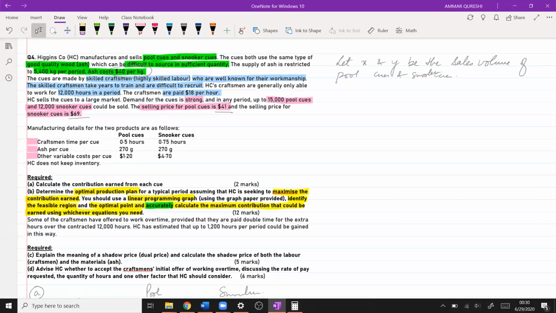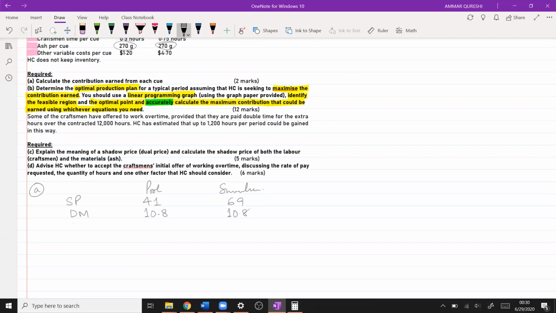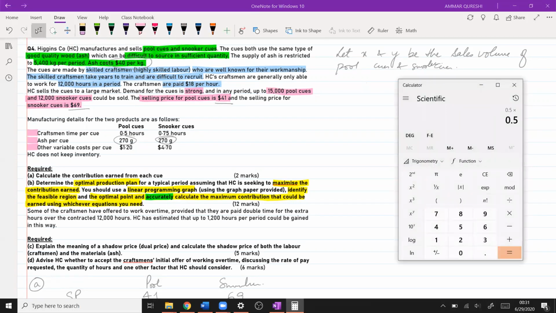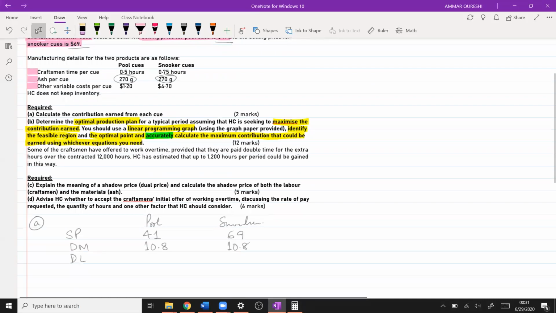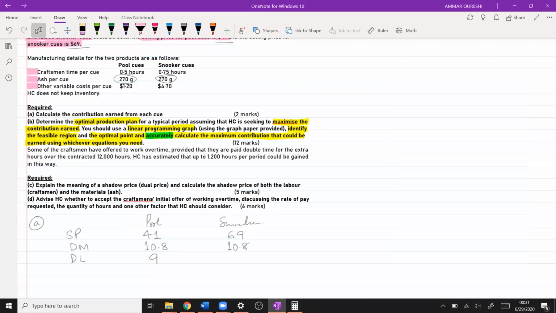Both products require the same input, so it is $10.8 for direct material for snooker cues as well. Direct labor hours are 0.5 hours and 0.75 hours. So 0.5 times 18 is 9, and 0.75 times 18 is 13.5.